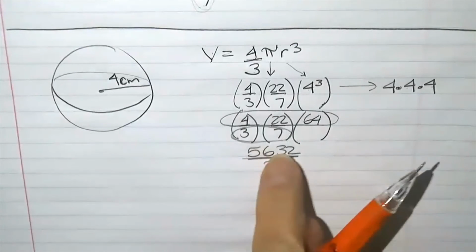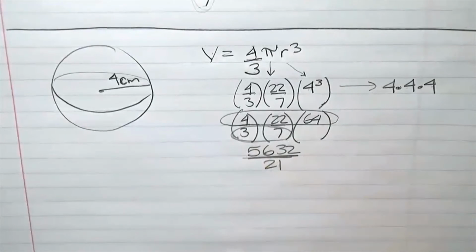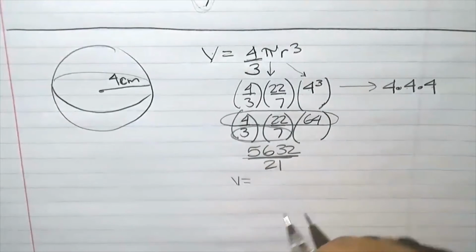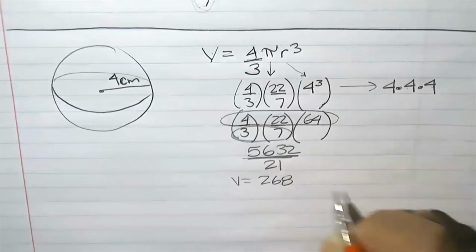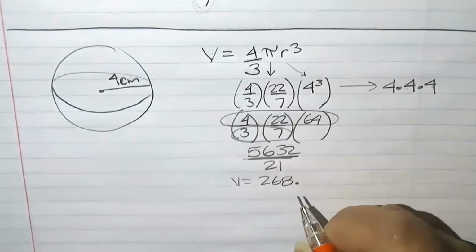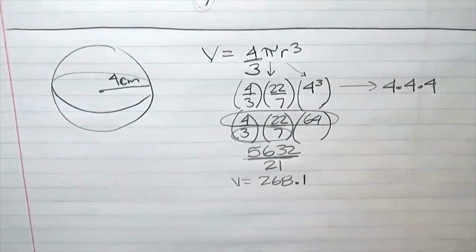So 5,632 divided by 21 will give me a volume of 268. And the book only wants the first decimal place, to the 10th place: 268.1. The book is only asking us to go to the 10th place, the first decimal.